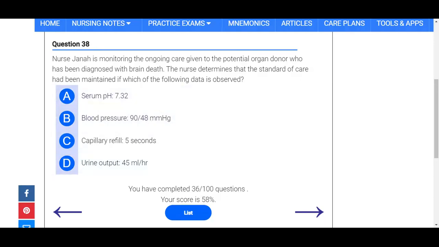So let's see the serum pH. I want to know the normal range for serum pH. 7.35 to 7.45. This is 7.32. Okay, I see. The blood pressure is too low. Capillary refill is too slow. So we're going to disregard these. We're talking about the urine output and the serum pH.